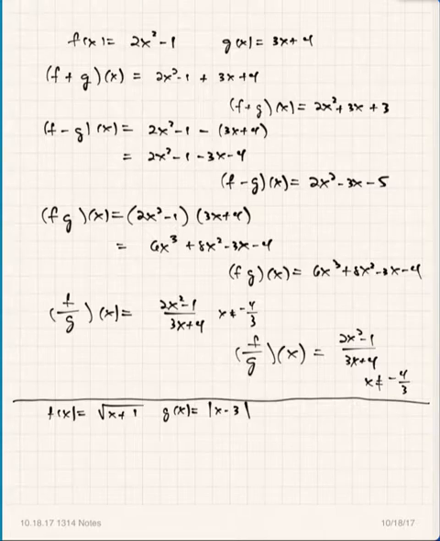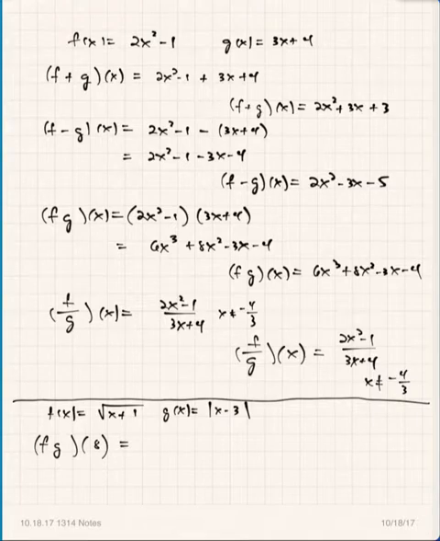And I asked you to find, let's say, fg of 8. In a problem like that, you're not actually creating the function, you're just trying to calculate a value. And so you use the definition for the multiplication function.